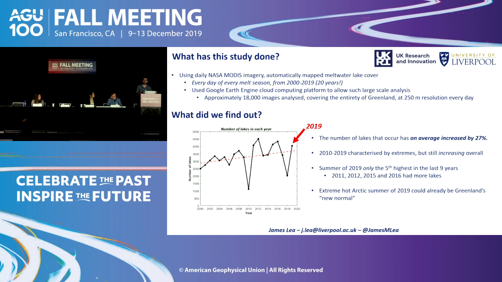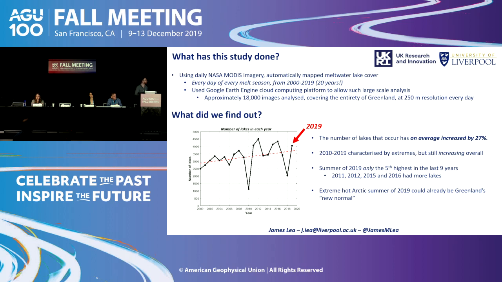So 2019, despite being an extreme melt year and the second highest amount of runoff from the Greenland ice sheet for the observational period, is only actually the fifth highest number of lakes that have been observed in Greenland for the past few years. So 2011, 2012, 2015, 2016 all had more lakes.